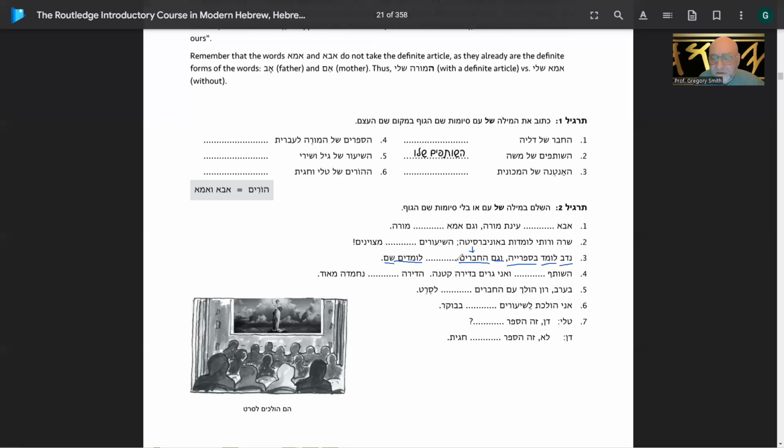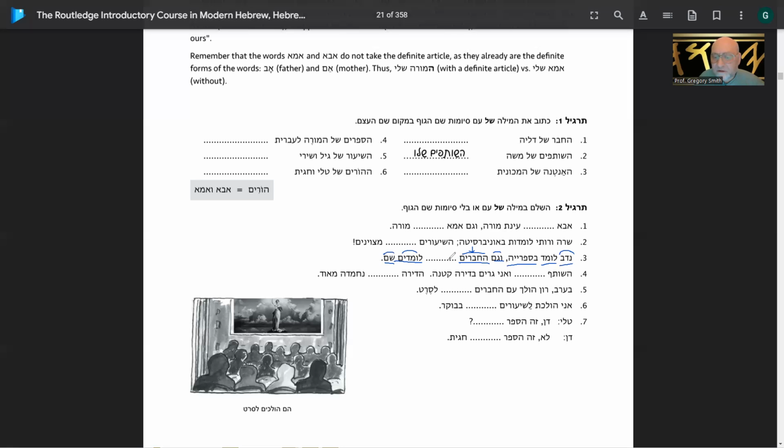So it's got to be his friends. Because we're just talking about Nadav, and he's studying in the library, Basifria, but also Havarim, the friends belonging to Nadav, they're studying too. Lomdim Sham, there.